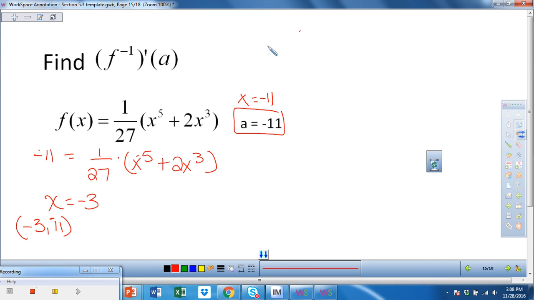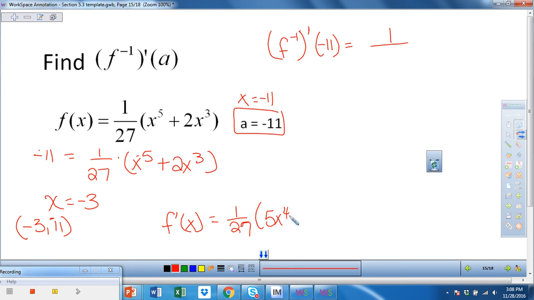So to find the derivative of the inverse, I'm going to do 1 over the derivative of this function. So f prime of x is equal to 1 over 27 times 5x to the 4th plus 6x squared, evaluated at -3.